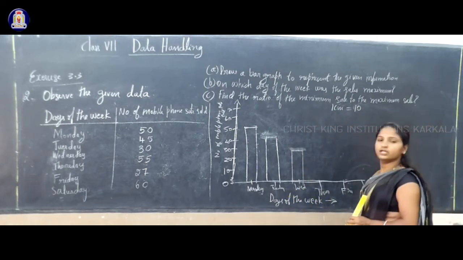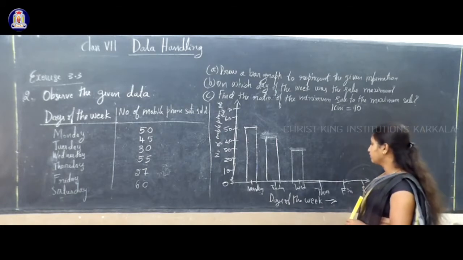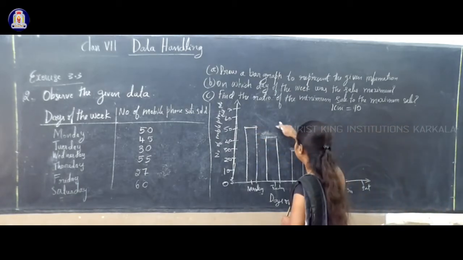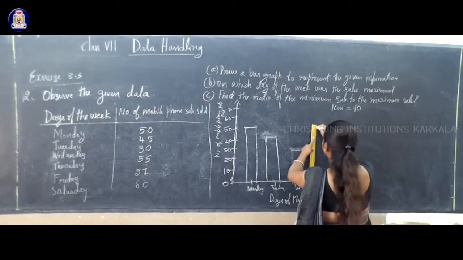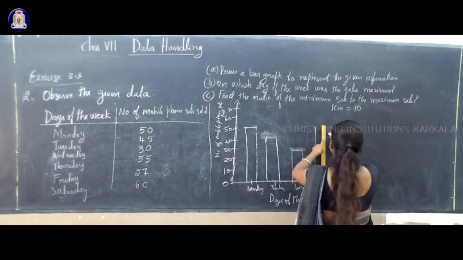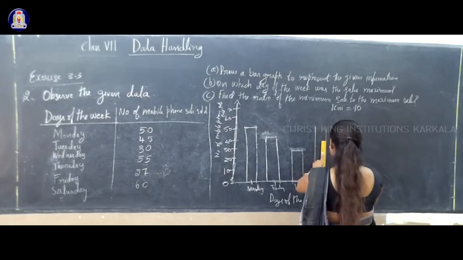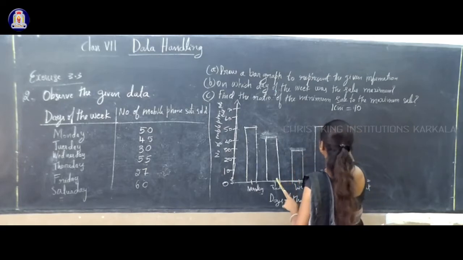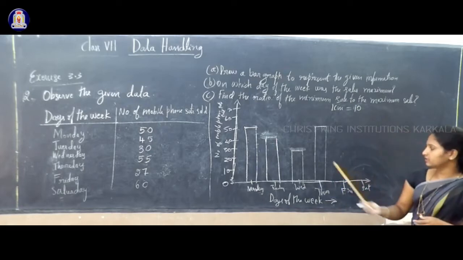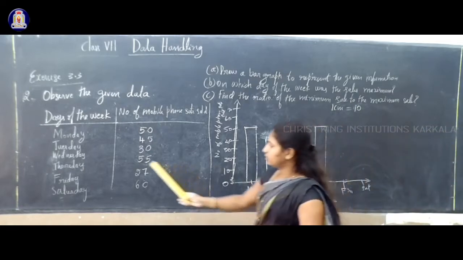Next, Thursday, 55. 50 is here, and 55 is in between 50 and 60. This is the number of mobiles sold on Thursday.